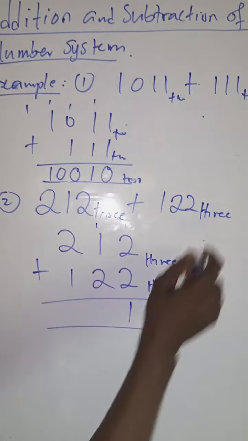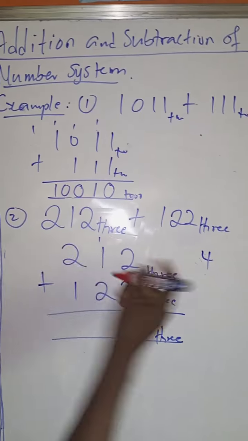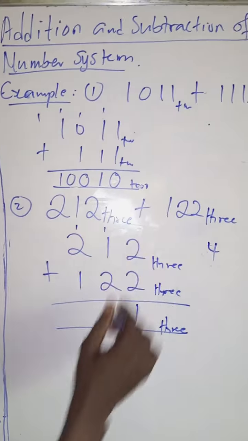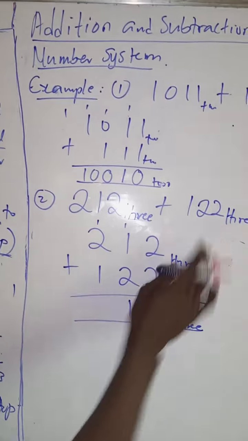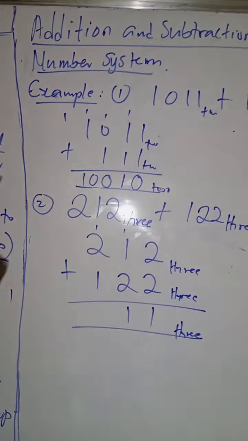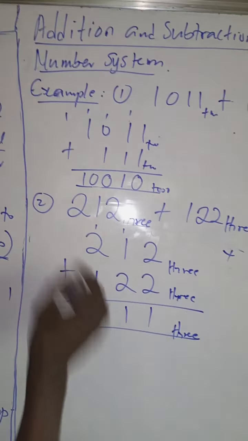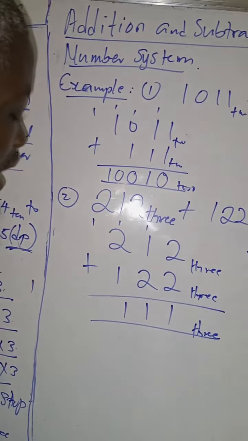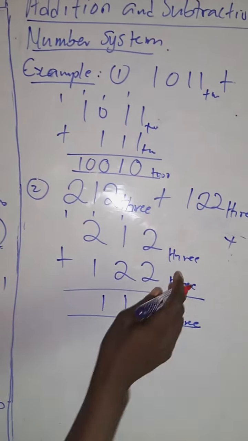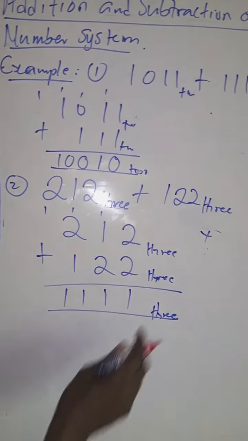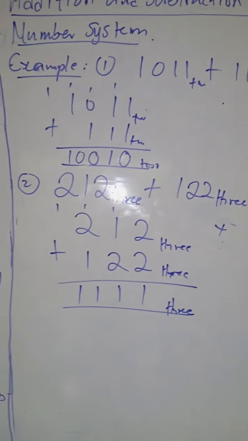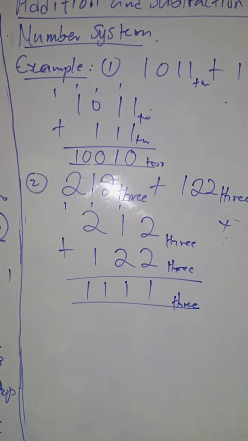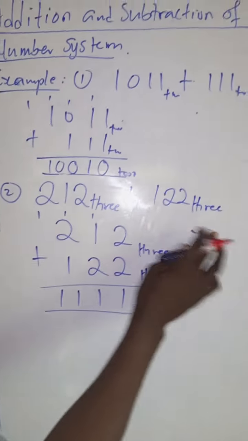Now if I add this one, it gives me 4. How many 3 can I get there? 1, and the remainder is 1. If I add this one, it gives me 4. How many can I get there? 1, and the remainder is 1. So the last one is not up to 3. So this is my answer, base 3. Okay, that is addition.